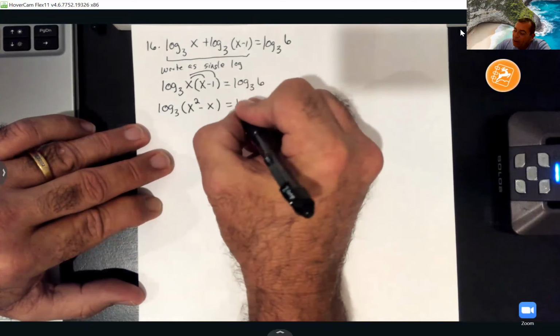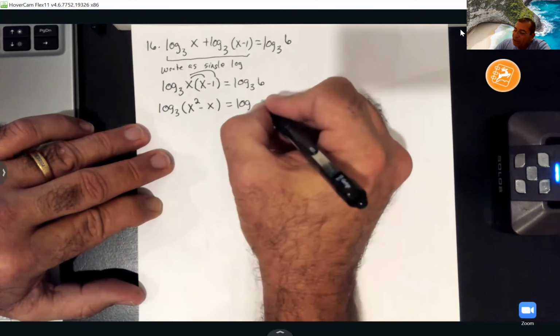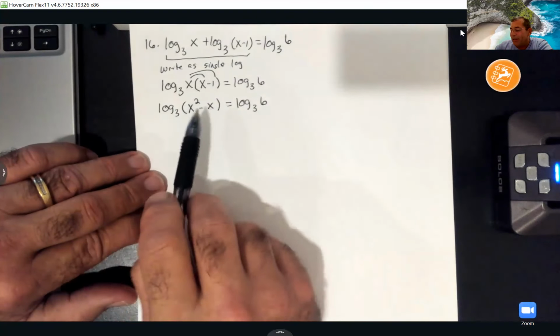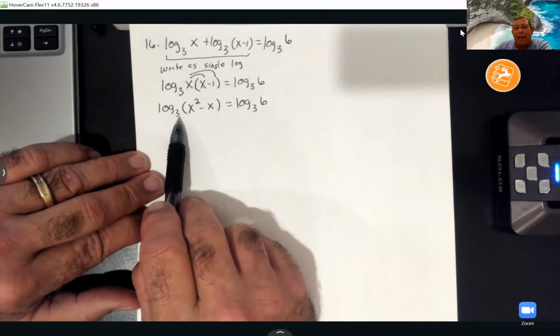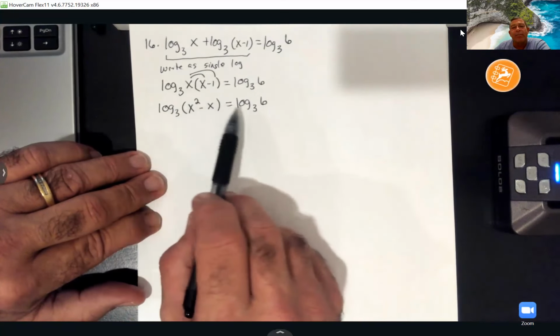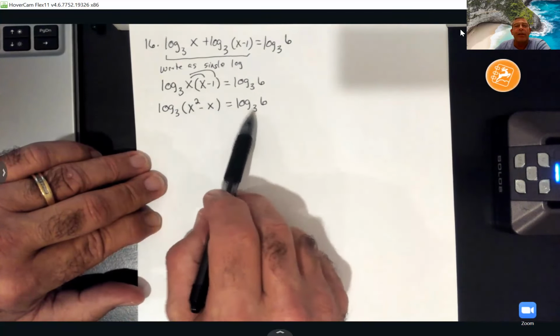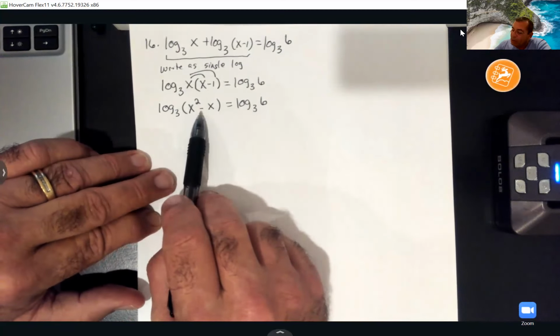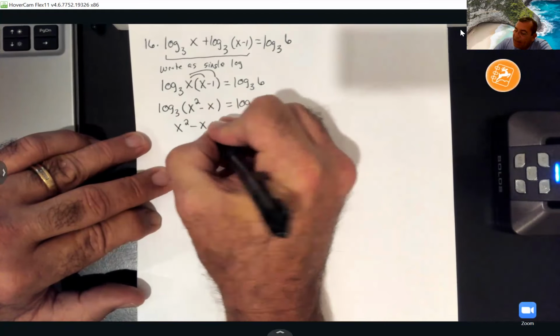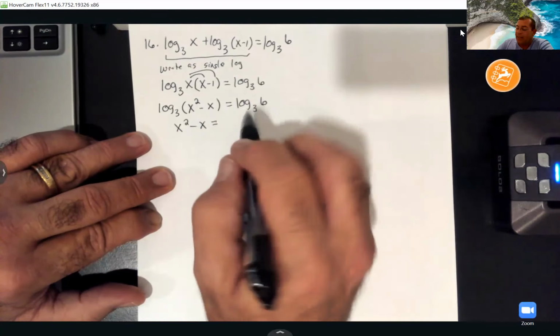That's going to equal log base 3 of 6. But look at this. I now have a log base equal to a log base. Both sides have a log base 3. That means that this x squared minus x has to equal that 6.